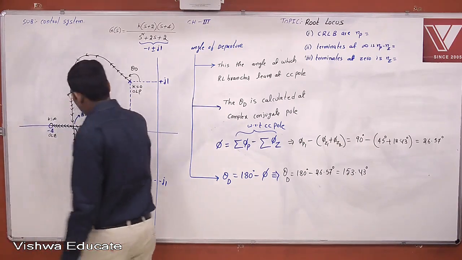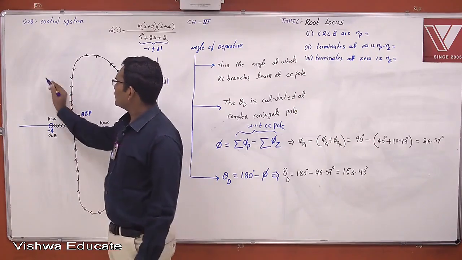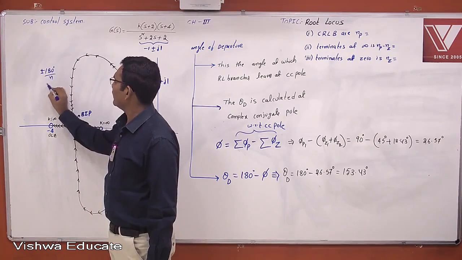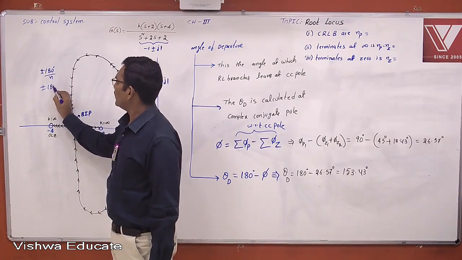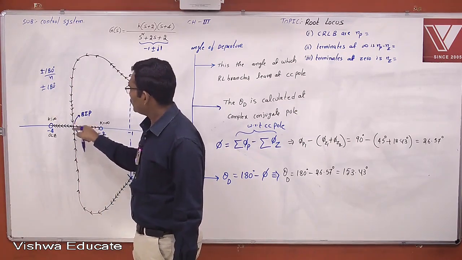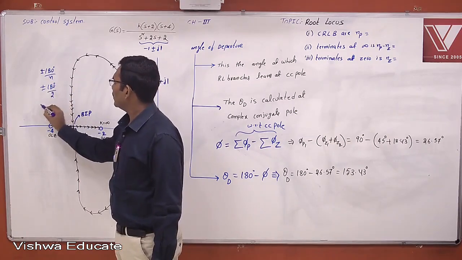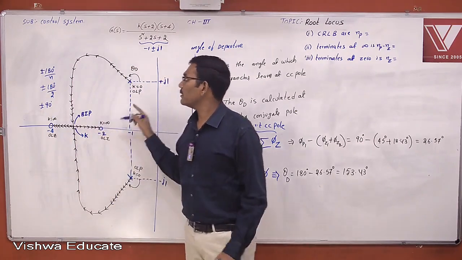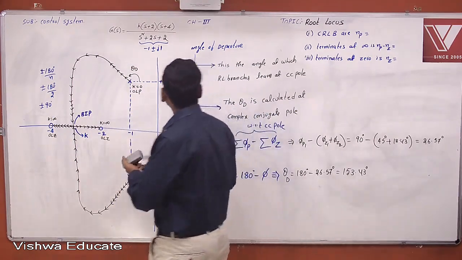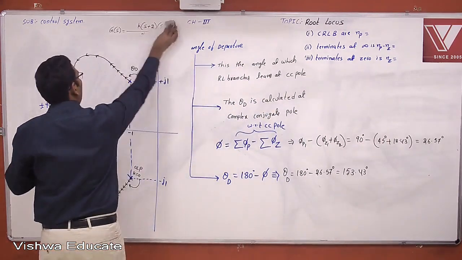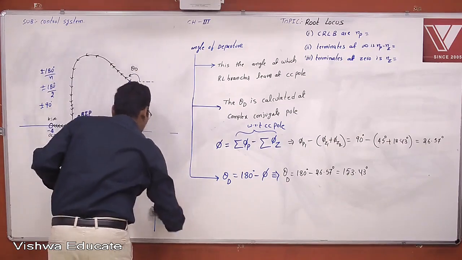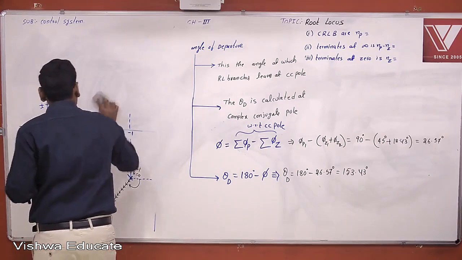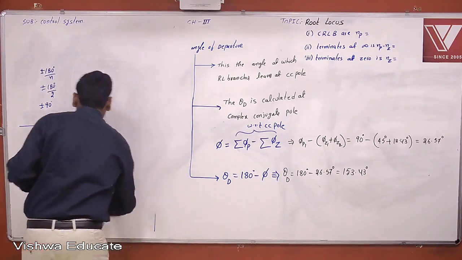Now, the root locus branches enter into the real axis with an angle of plus or minus 180 degrees by n. How many poles and zeros are here? 2. Therefore, plus or minus 90 degrees. Like that you can get. Okay. Now, this is the way to calculate the angle of departure and how to draw the root locus diagram when complex conjugate poles are available in the transfer function.